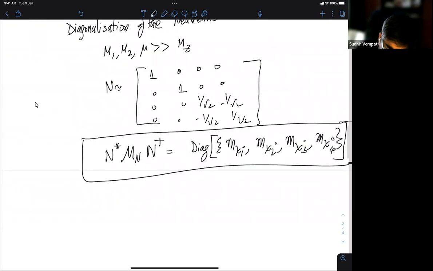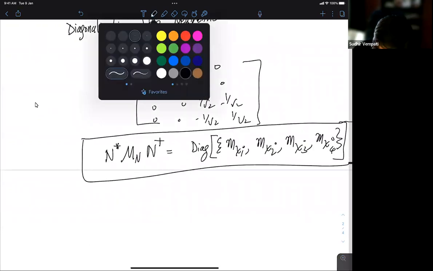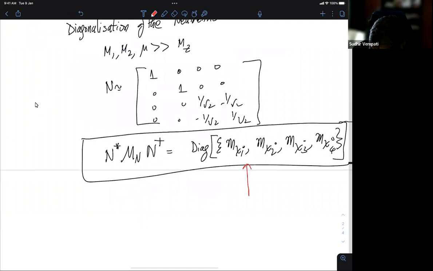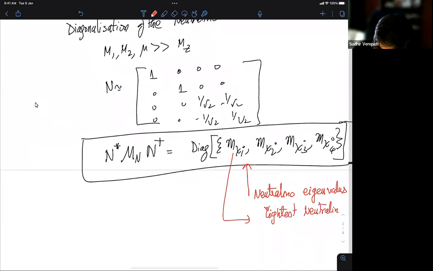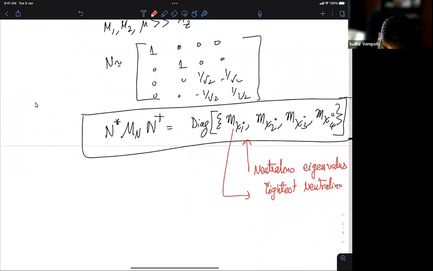These are your neutralino eigenvalues, this is the lightest neutralino, and this is the neutralino mixing matrix.